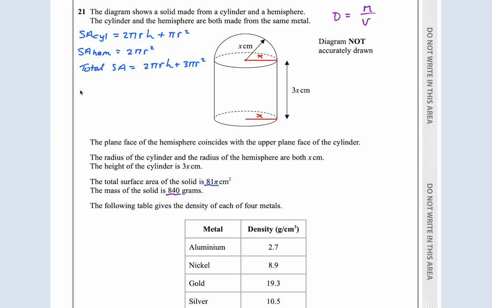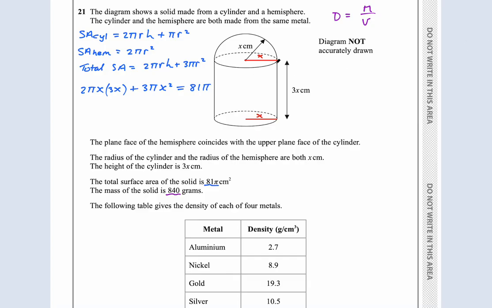So I'm going to say 2 times pi. The radius is x, the height is 3x, and plus 3 times pi times x squared, because r is x. This is the total surface area in terms of x. And he says this equals 81 pi.